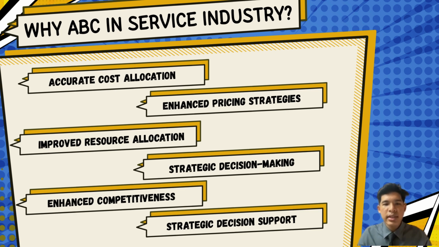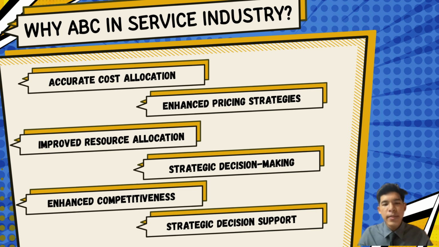ABC is more than just a costing tool, it's a strategic management system. The insights it provides are valuable for high-level planning, including evaluating new business opportunities, managing customer relationship, aligning operation with business strategy, and supporting digital transformation and innovation.